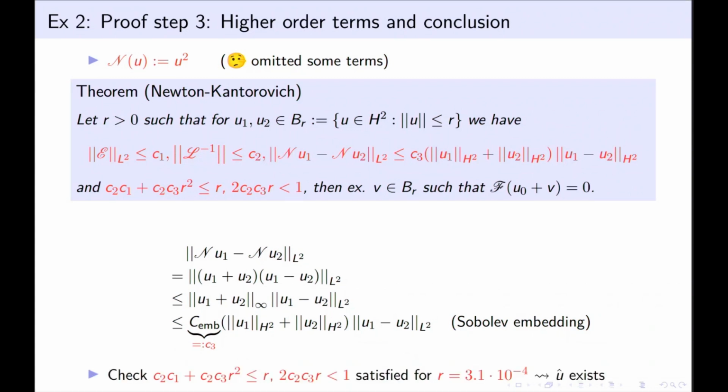Yep, and now this is the home run here. So we computed C1, 2, 3, and, well, I didn't tell you what C3 is, so you cannot do the math on a sheet of paper right now. But if you take my word for it and you take R equals this number here, 3.1 times 10 to the minus 4, then these two inequalities in the Newton-Kantorovich theorem will be satisfied.